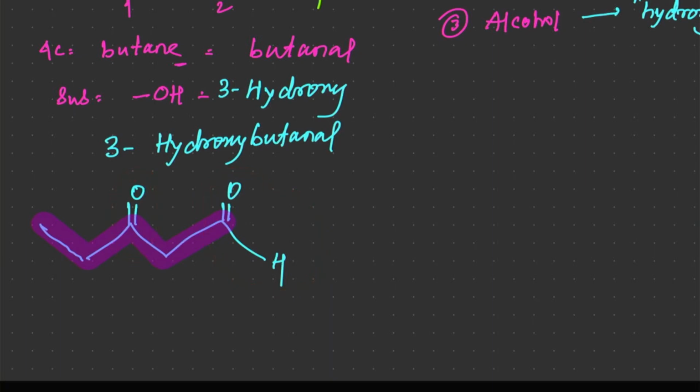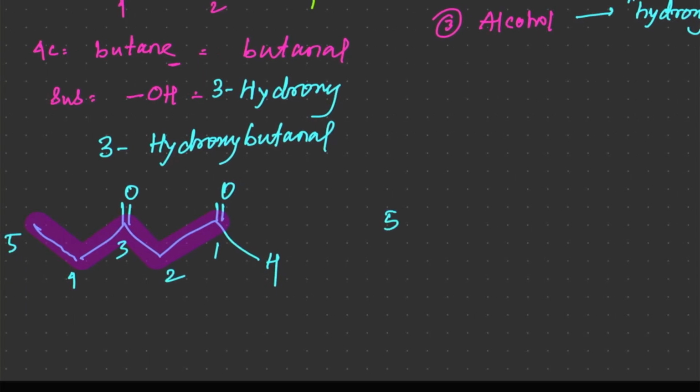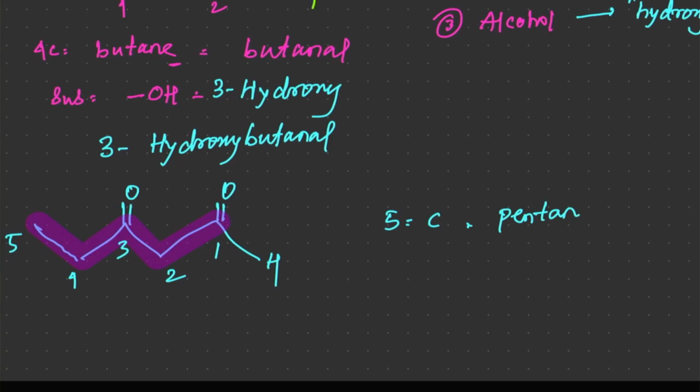So the chain is 1, 2, 3, 4, 5. 5 carbon atoms, so it's going to be pentane. Then the E would be replaced by al, so it's going to be pentanal. So that's your parent.